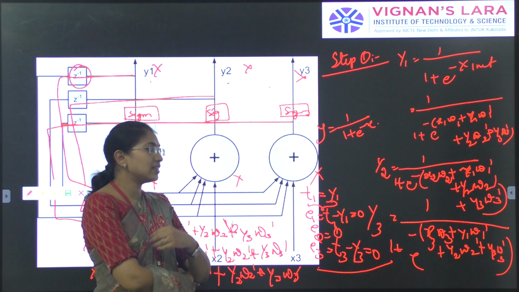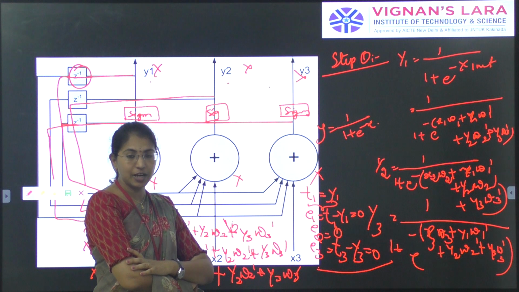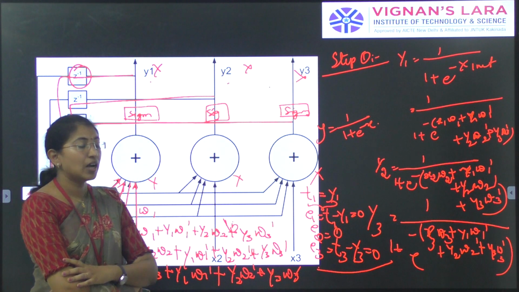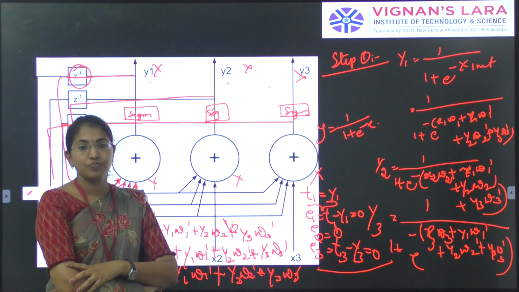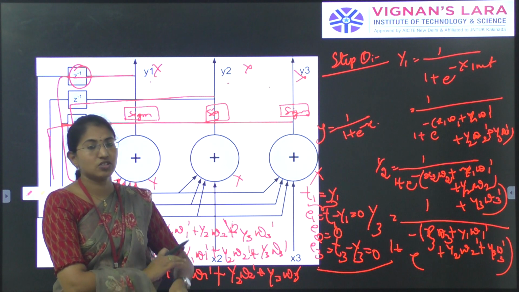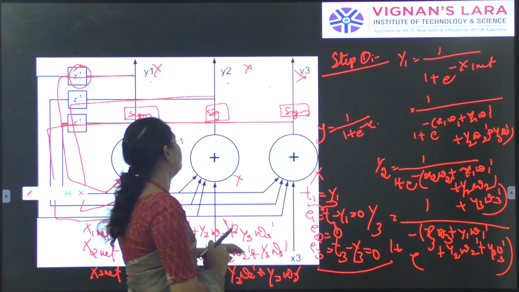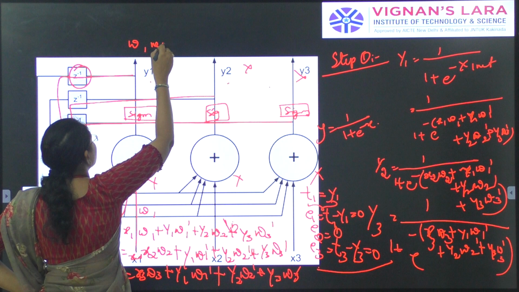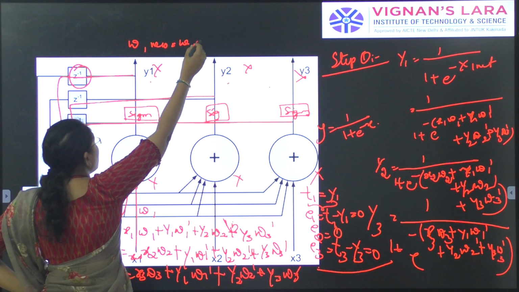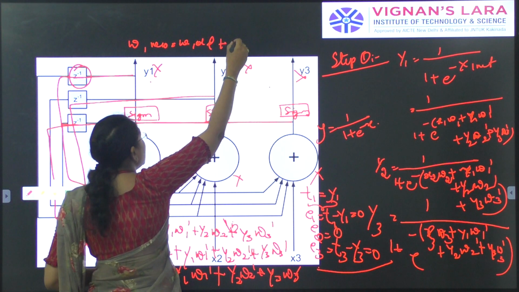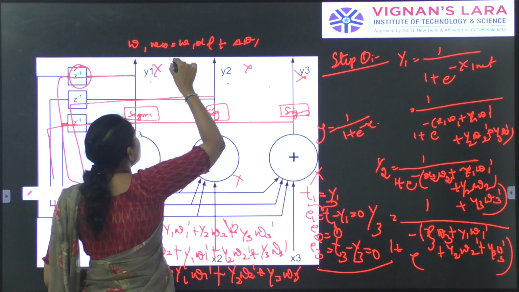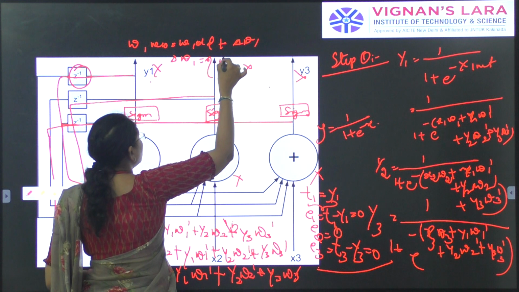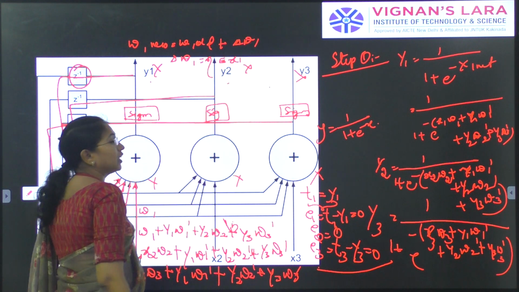Suppose here the error is not equal to 0, then you need to find y1 new with updation of weights. You need to change the weights. W1 new is W1 old plus delta W1. What is delta W1? Eta into error into x1.